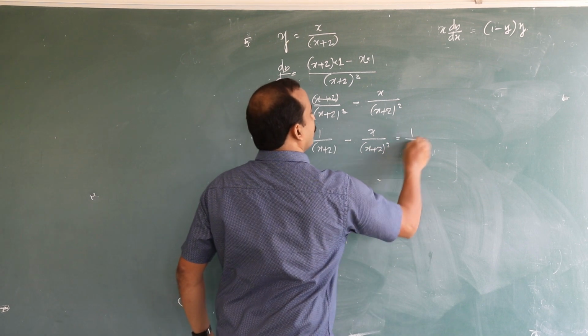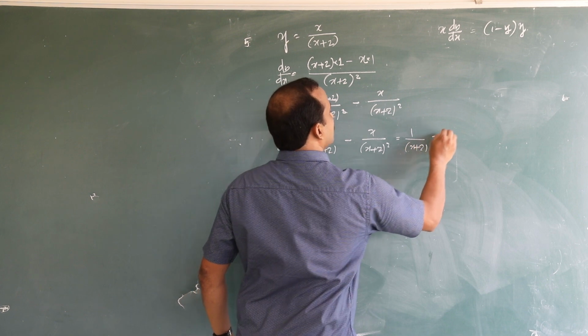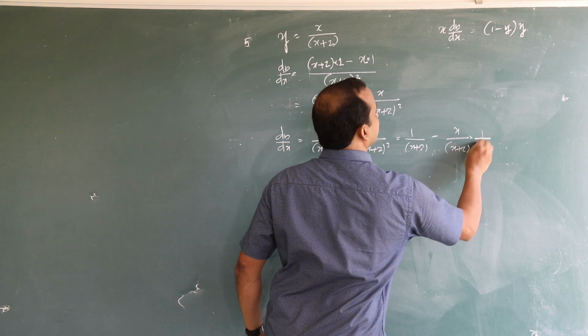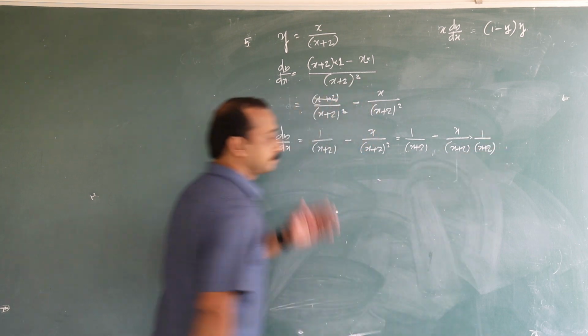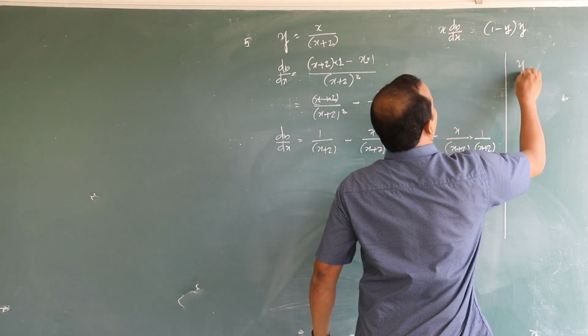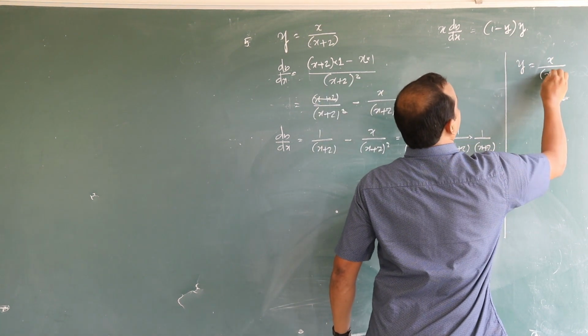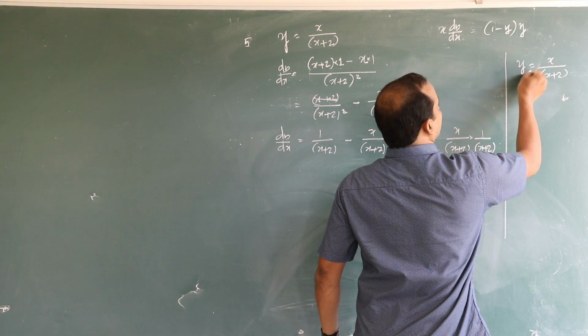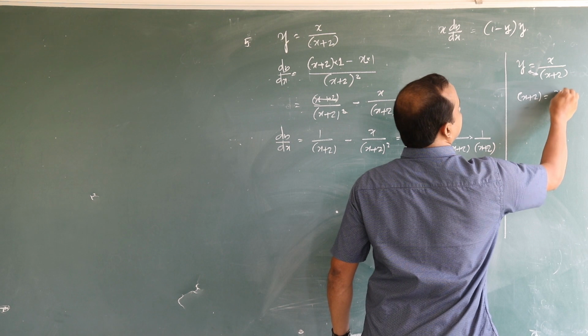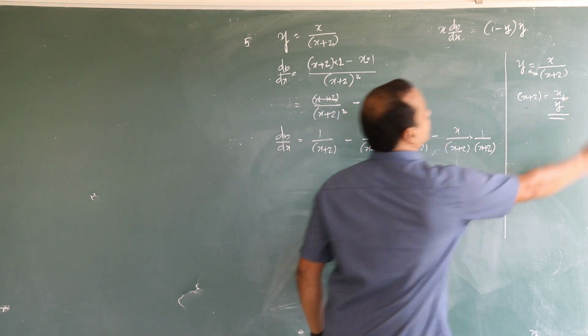That is equal to 1 divided by x plus 2 minus x divided by x plus 2 into 1 divided by x plus 2. Here, given y is equal to x divided by x plus 2. On cross multiplying the term, we get x plus 2 is equal to x divided by y.